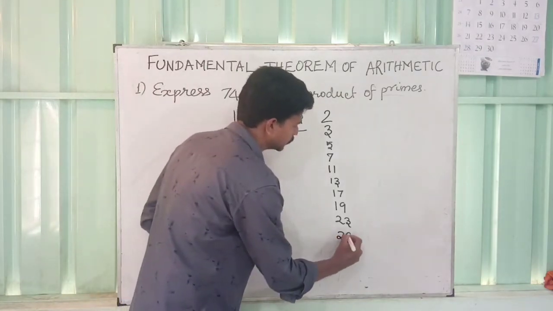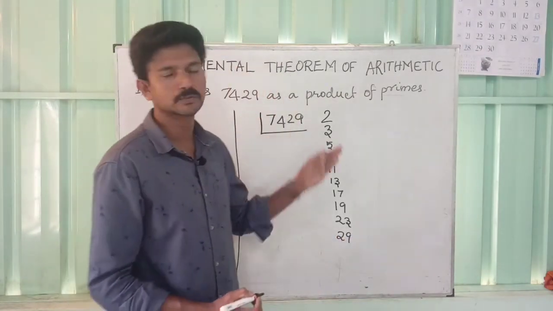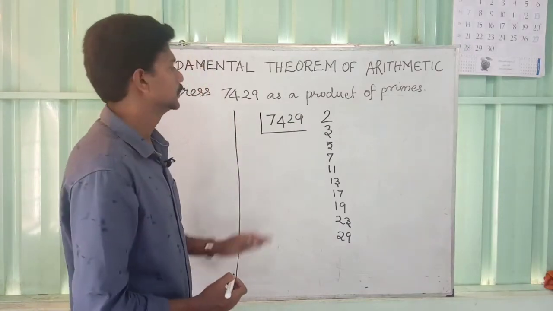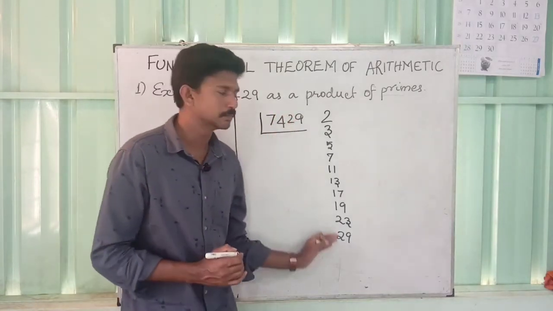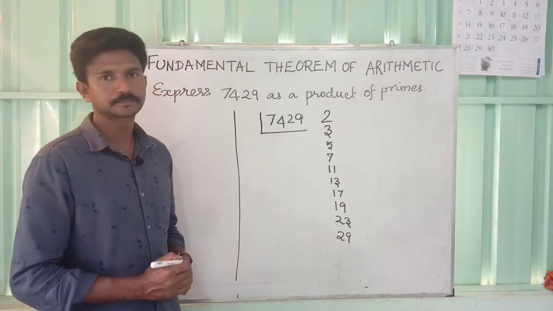So we are writing just the prime numbers between 1 and 30. Using these numbers we are going to divide this one.